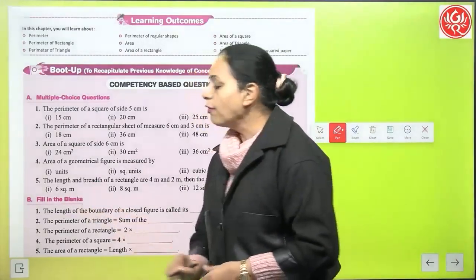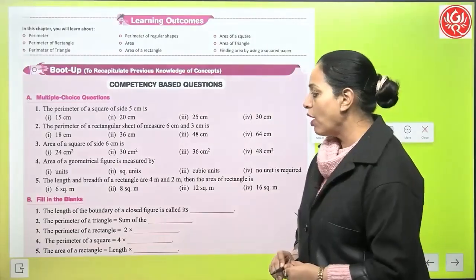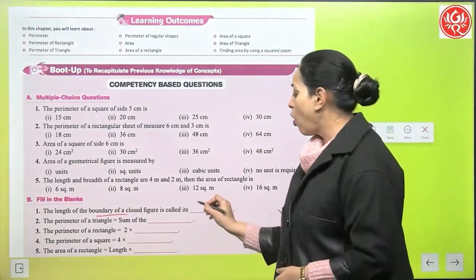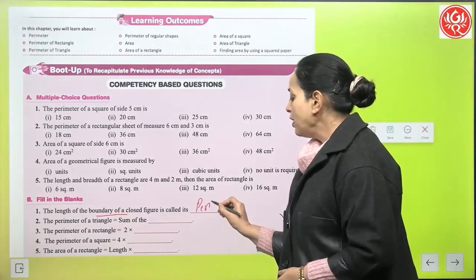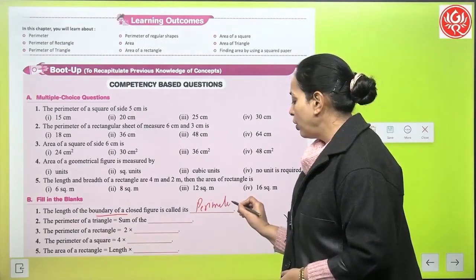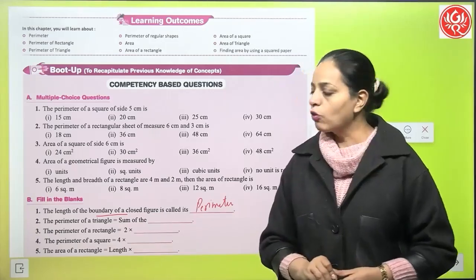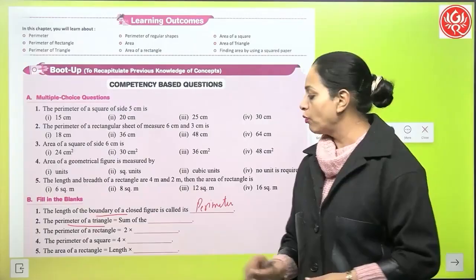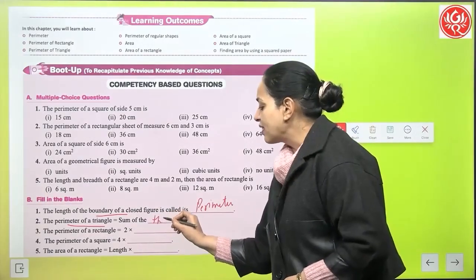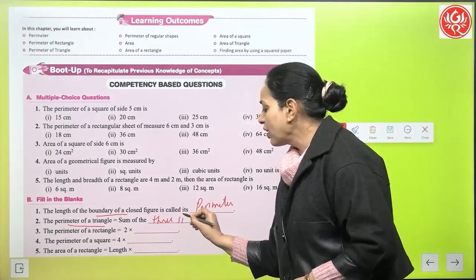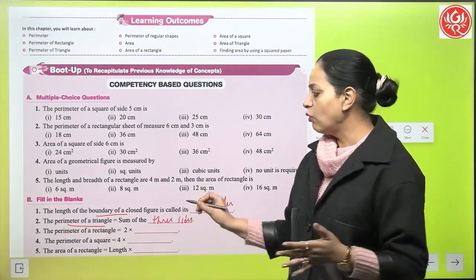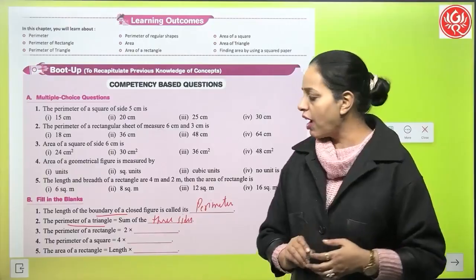Now B part, filling the blanks. Question number 1. The length of the boundary of a closed figure is called its perimeter. You know very well, right? Now question number 2. The perimeter of a triangle is the sum of the 3 sides. A triangle has 3 sides, so the sum of the 3 sides equals the perimeter of a triangle.